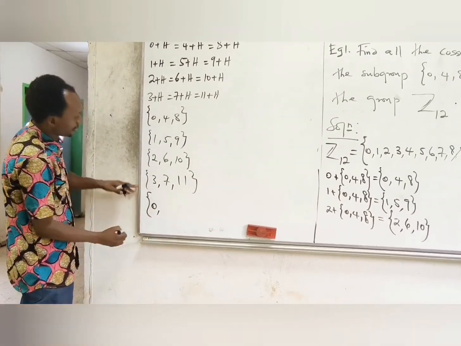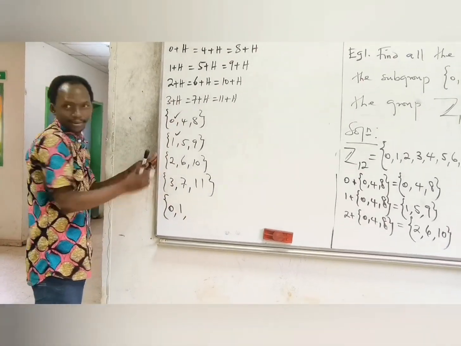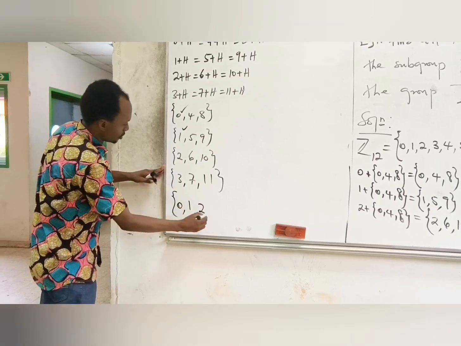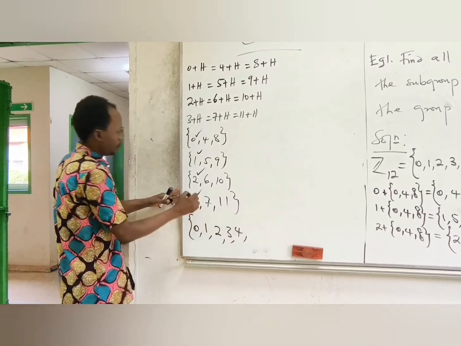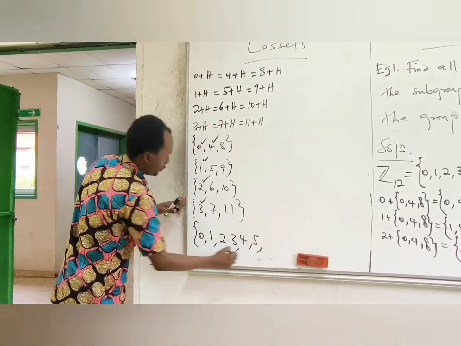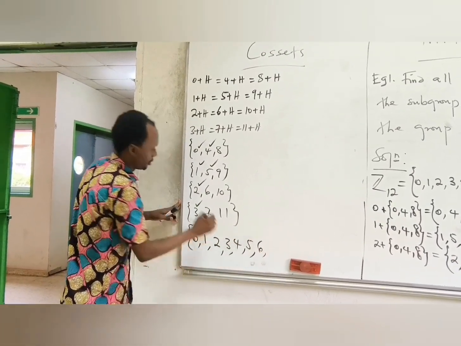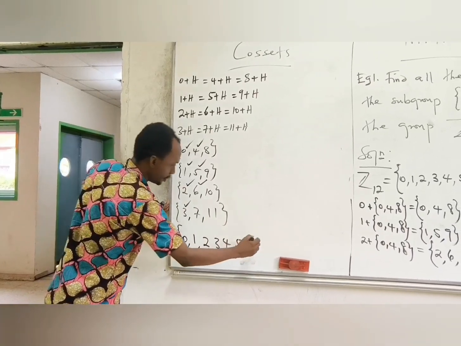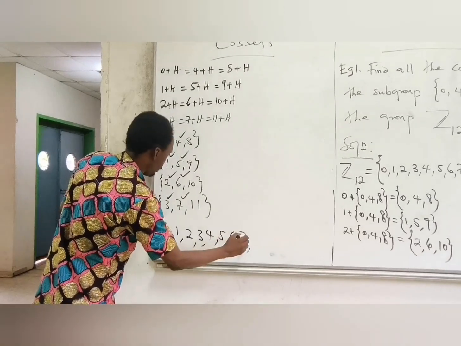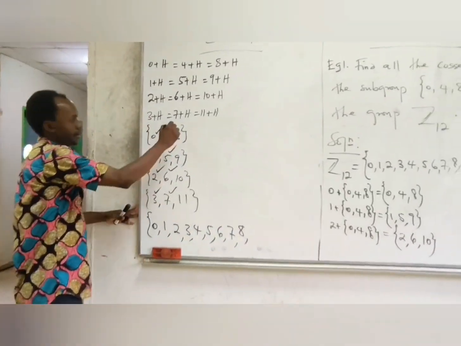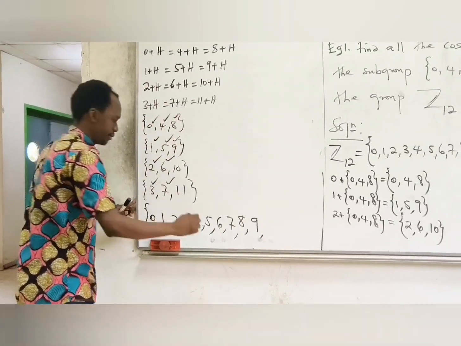So, 0. 0 is here. 1. 1 is here. 2. 2 is here. 3. 3 is here. 4. 4 is here. 5. 5 is here. 6. 6 is here. 7. 7 is here. 8. 8 is here. 9. 9 is here. Is that 10?